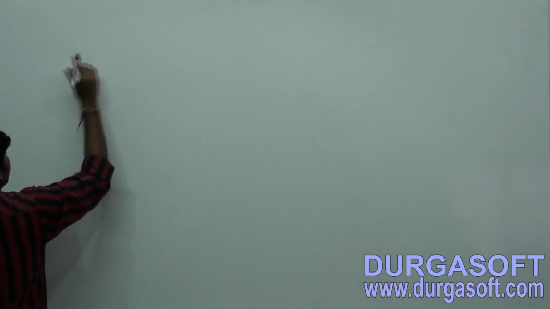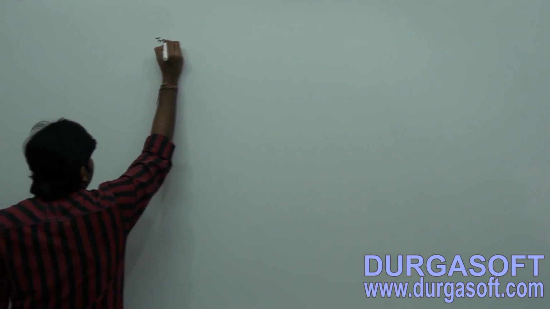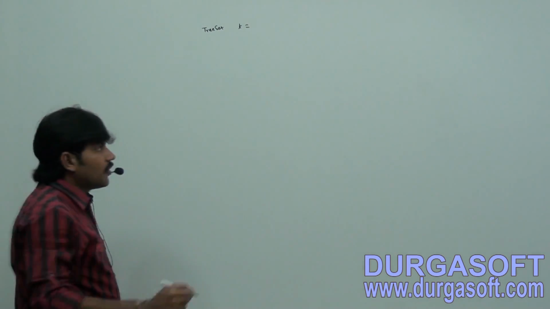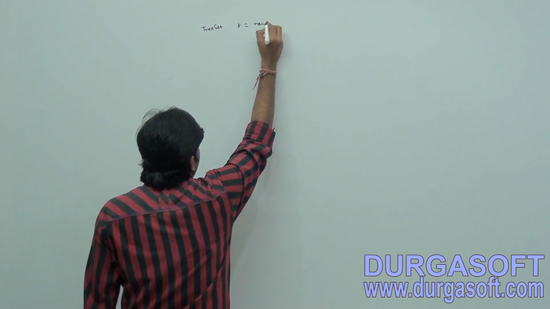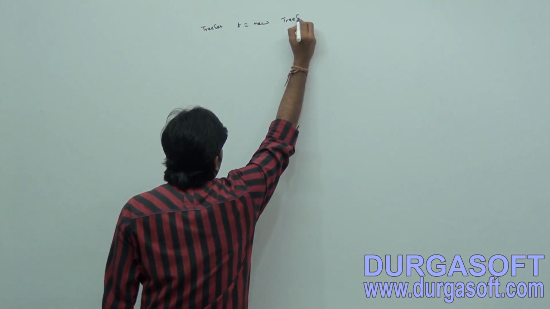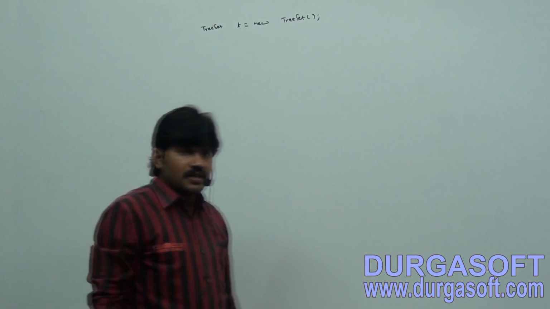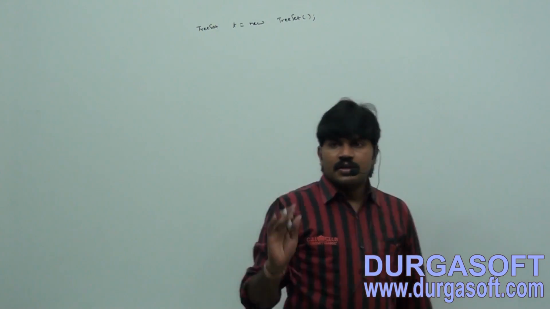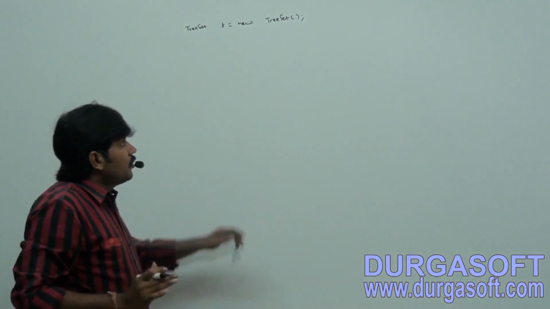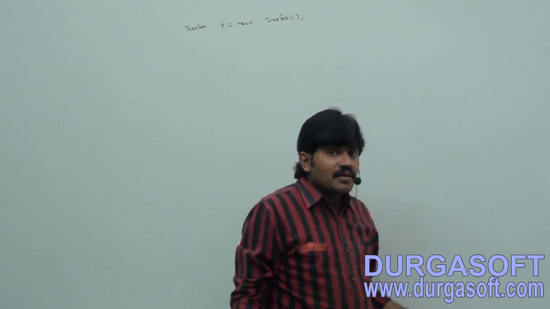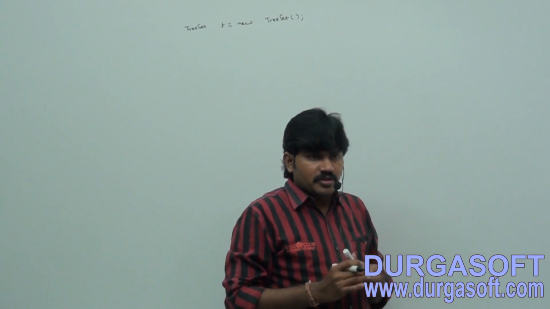Here I am taking TreeSet t equal to new TreeSet. This creates an empty TreeSet object where the elements will be inserted based on the default natural sorting order.